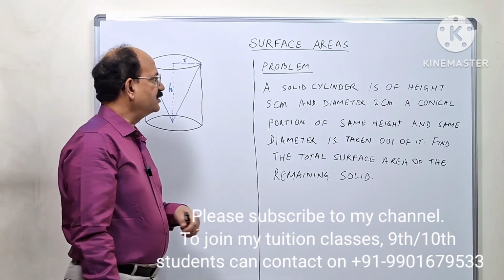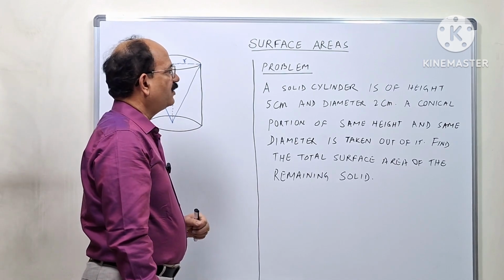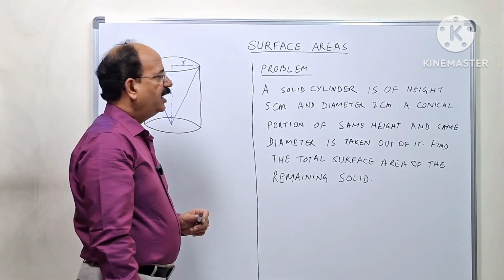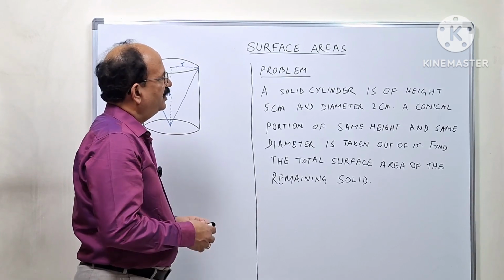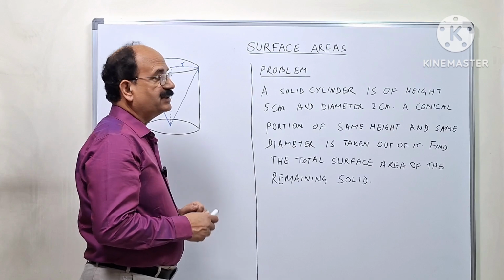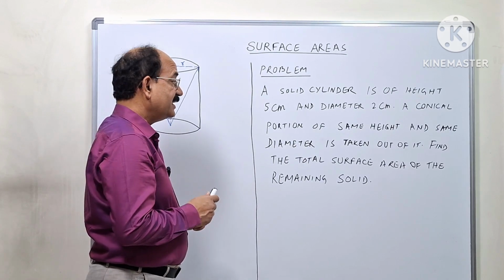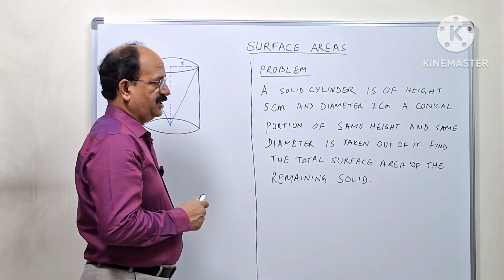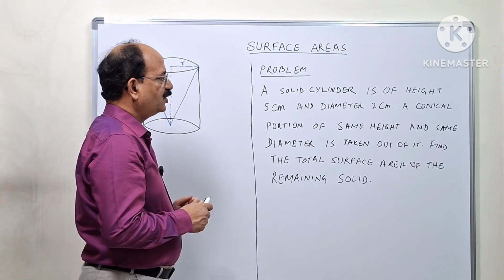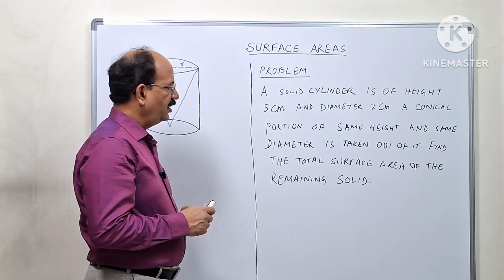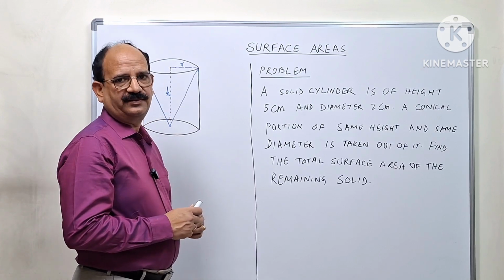So the problem is: a solid cylinder is of height 5 centimeter and diameter 2 centimeter. A conical portion of the same height and same diameter is taken out of it. Find the total surface area of the remaining solid.